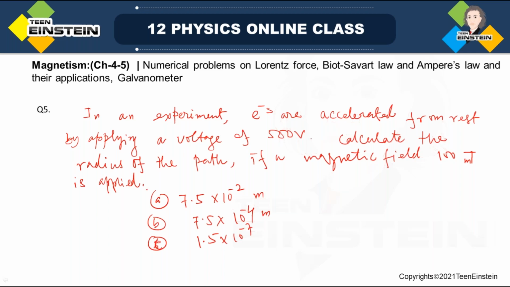I'm sorry, this is 7.5 into 10 to the power minus 3 meter. D is given as just 7.5 meter. You have to actually solve this problem.